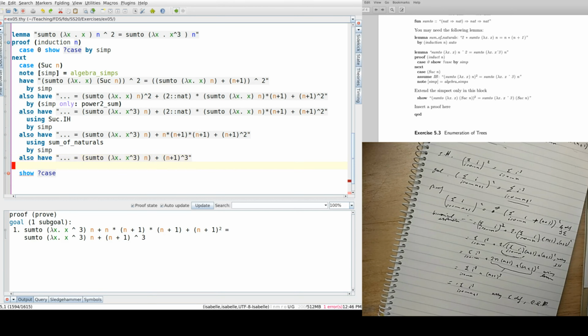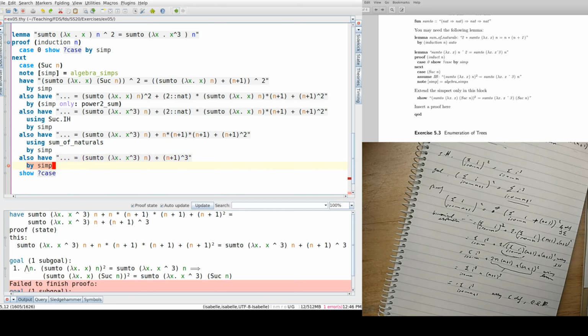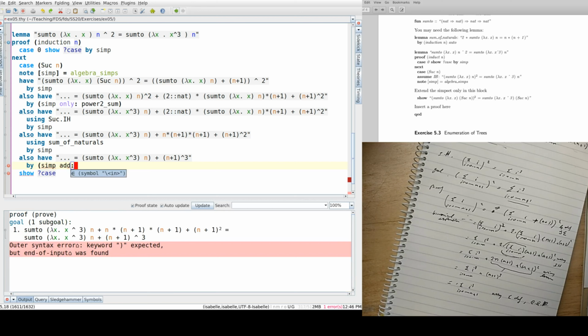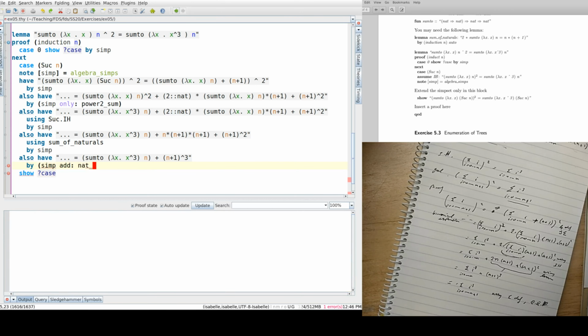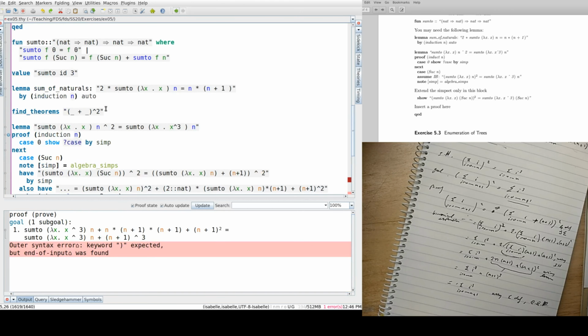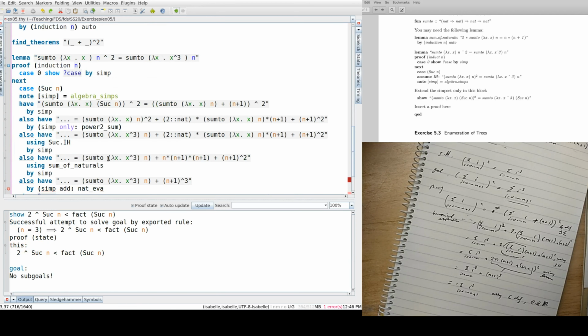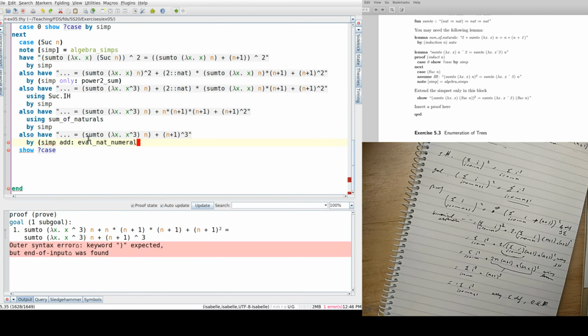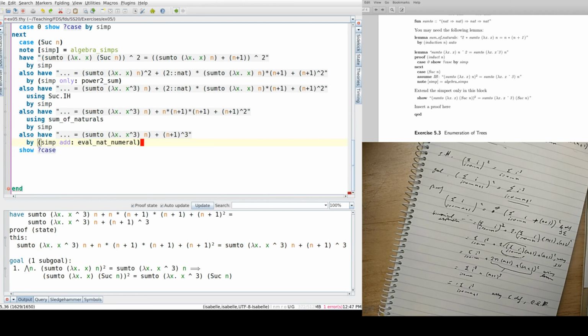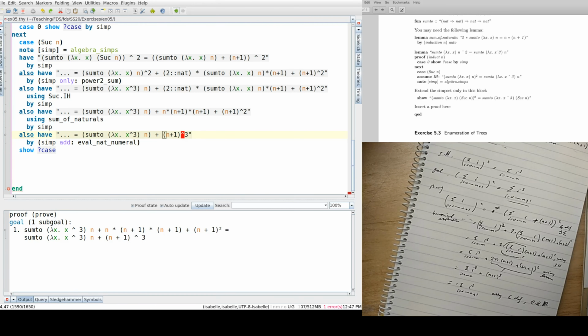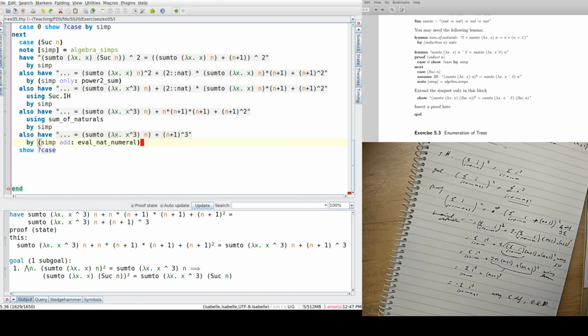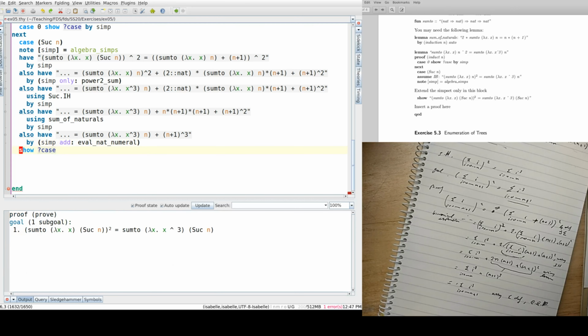I hope. Maybe we'll need to break the 3 using nat eval. Let's copy the theorem name, eval nat numeral. Let's hope that this is it. Because the definition of power matches against Suc n, and we have here a numeral 3, we need to unfold it into Suc 0. So I think that's it.